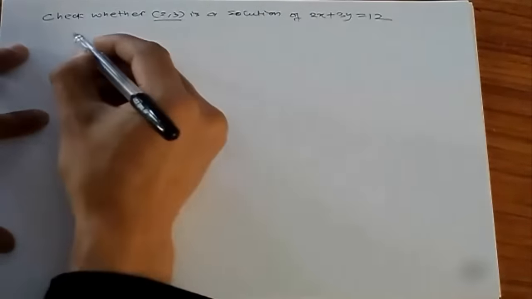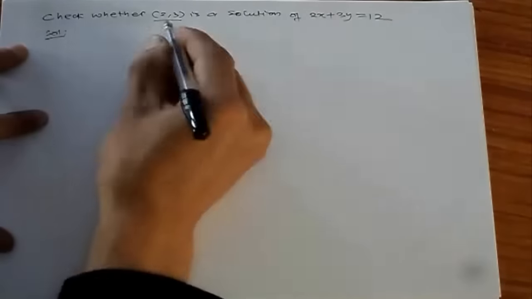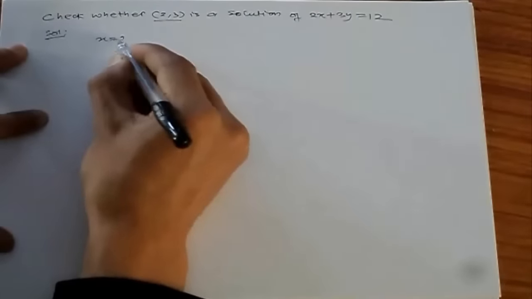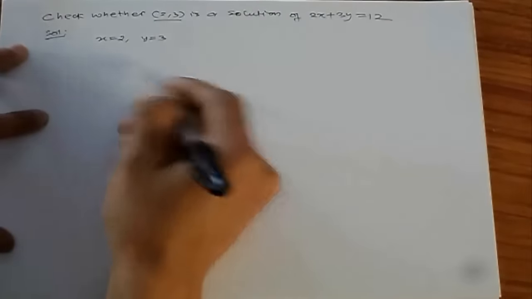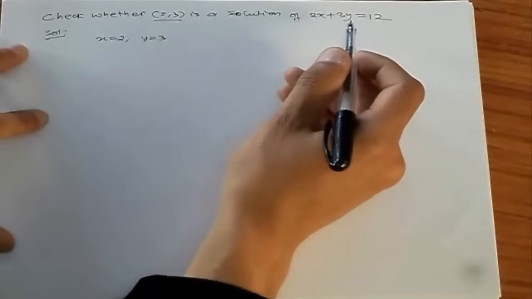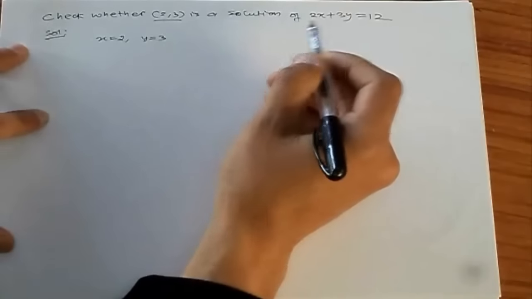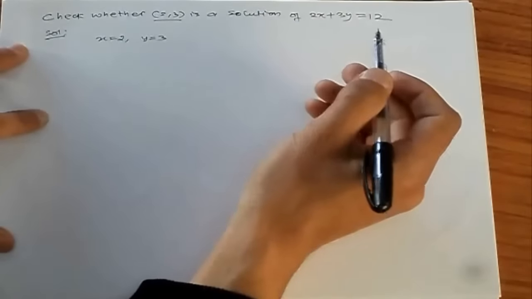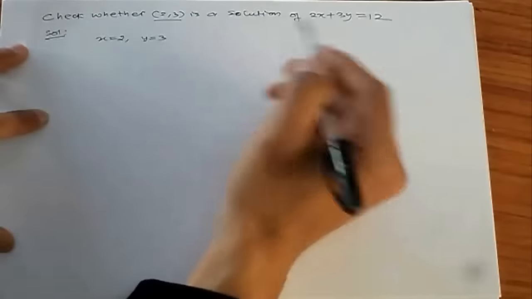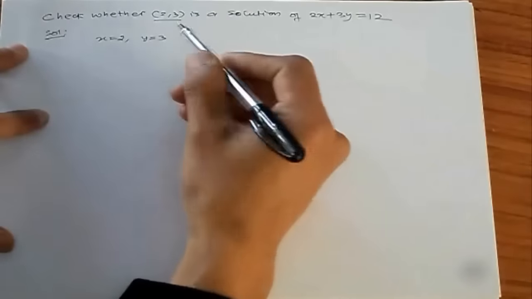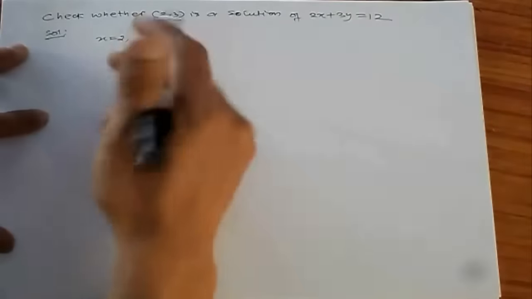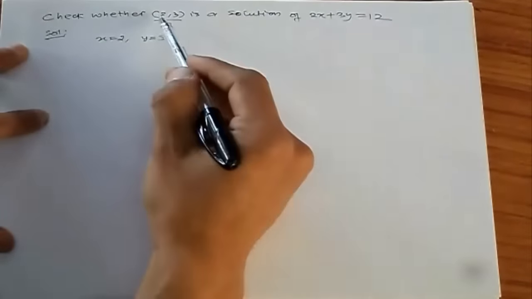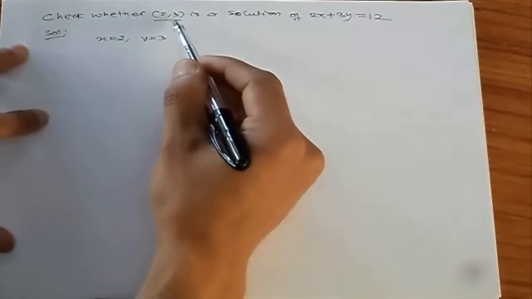So we are going to take x equals 2, y equals 3, and substitute in this equation, and see whether the left hand side and right hand side become equal or not. If they become equal, then the given ordered pair is a solution, right? So it's very easy. Directly copy down the equation, but in the place of x we write 2, in the place of y we write 3.